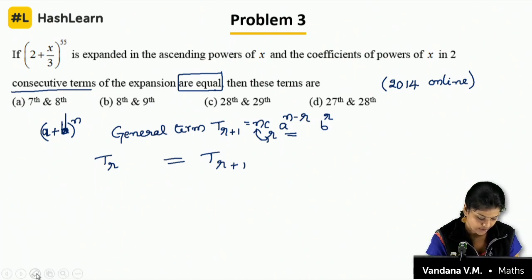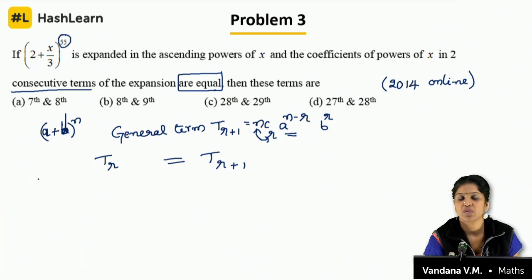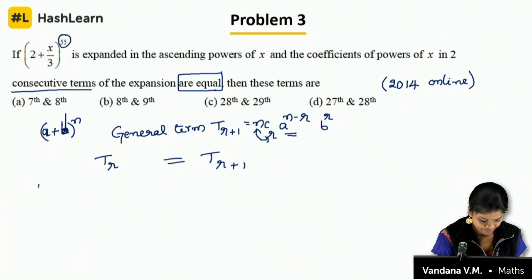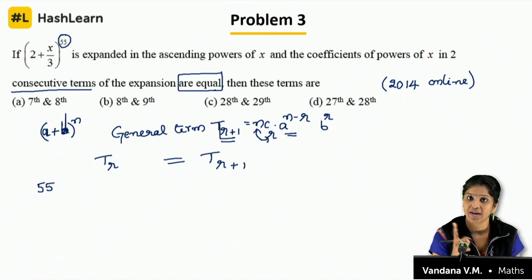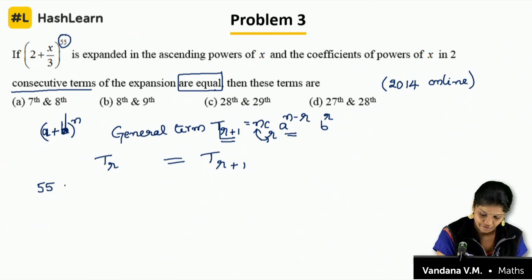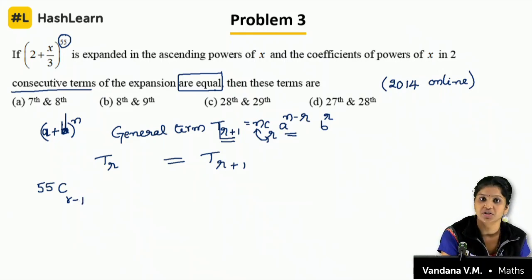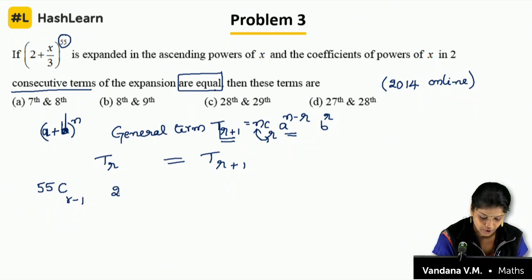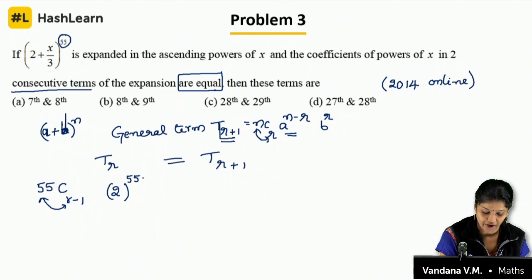Children, your n value is 55. R plus 1 means 1 less than that, so I will get 55C(R minus 1). What did I say, the general term, the first term. What is the first term here? 2 power, correct, 2 power 55 minus (R minus 1).